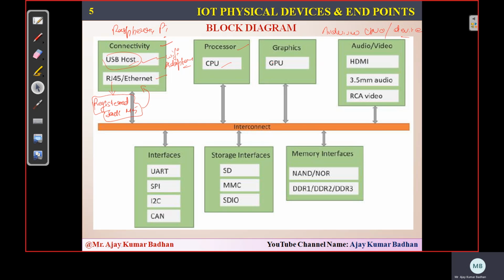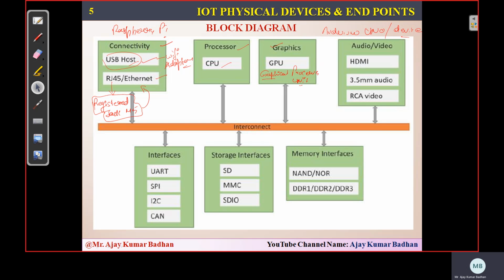So basically we know that. Okay, and similarly we have something called graphics here. Apart from the CPU, the central processing unit, we have the GPU, the graphical processing unit.